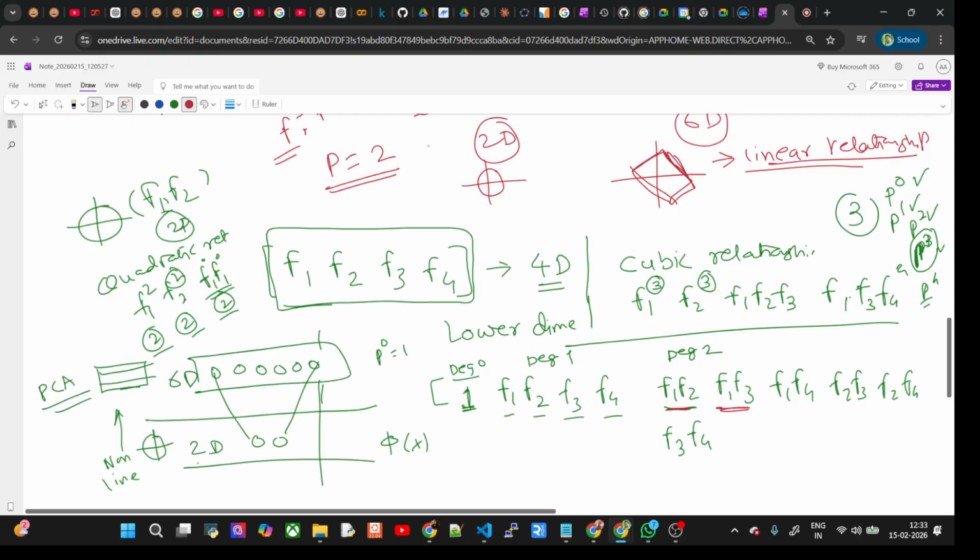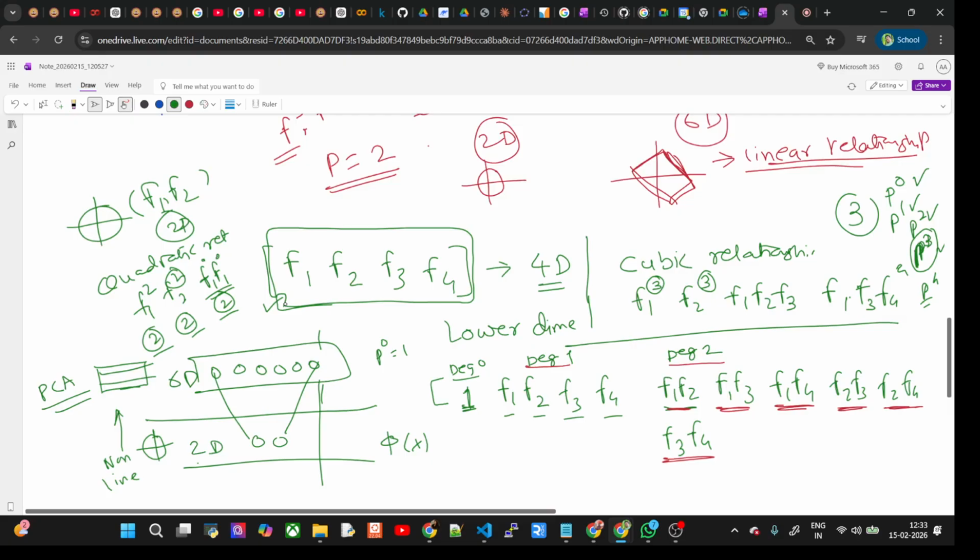These are the degree 2 terms, and these are the degree 1 terms. Now, because I'm considering only the degree 3 cubical relationship, I am not interested in more degrees. So I'm projecting this 4 dimension input to the higher dimensions.